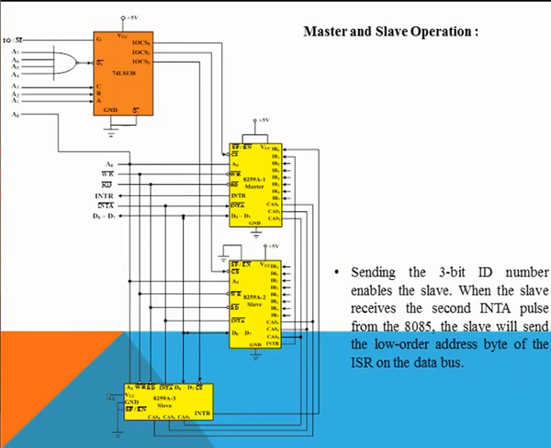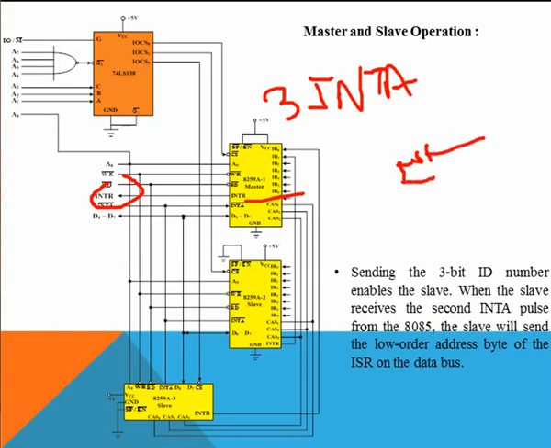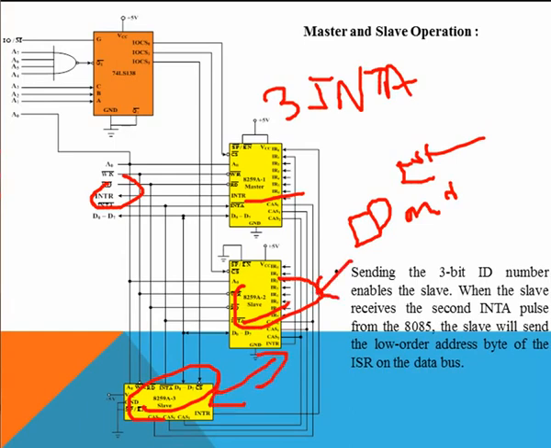In simple words, after getting the INTR signal from the master, the 8085 will send three interrupt acknowledgement pulses. The first pulse is used to get the identification number and compare these numbers with the slave 8259s to know which slave is activated, meaning which slave has had its INTR request accepted.